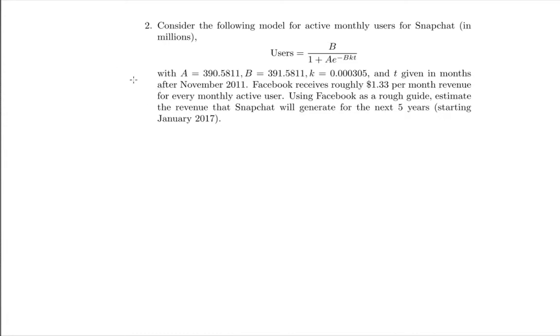The first thing that we need to do is figure out a function for the revenue as a function of time. The users are given by this logistic function, and it says that for every monthly active user, Snapchat would make approximately $1.33 per month. So we're going to call this little r of t, the monthly revenue.